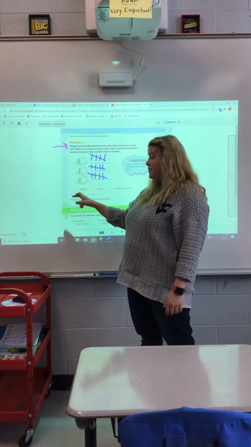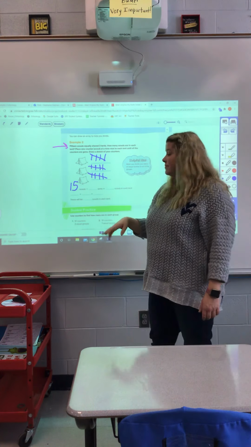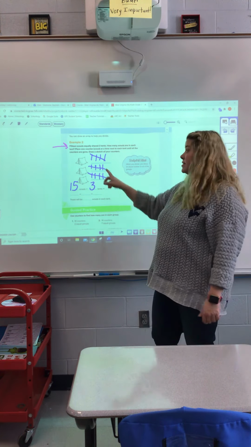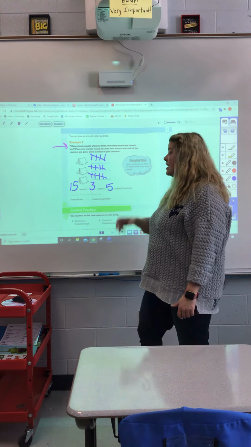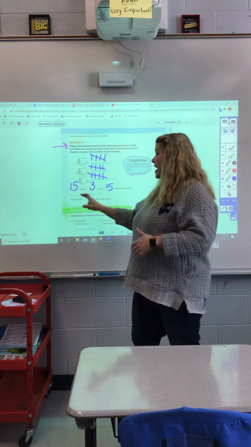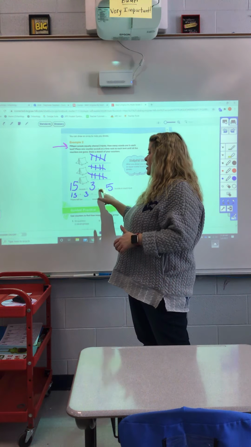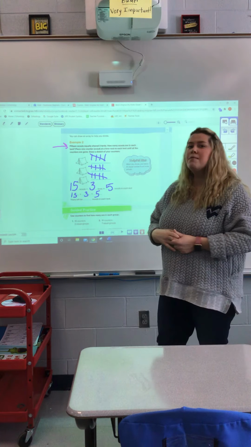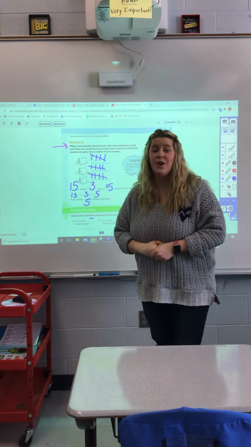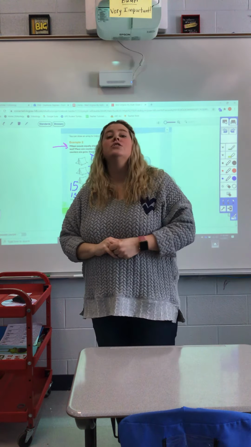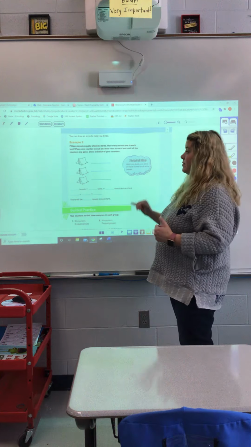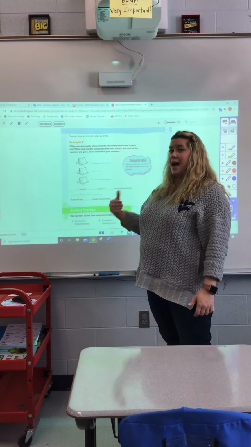So how many scouts were there? 15 scouts divided by how many tents? 3, and that equals 5 scouts in each tent. Okay, so if we're going to read this as a division sentence, I would say 15 divided by 3 equals 5. How many scouts are going to be in each tent? Right, 5. 5 is our quotient or our answer. Okay, so you're going to take whatever your biggest number is, okay? And then you're going to divide it by how many you have.